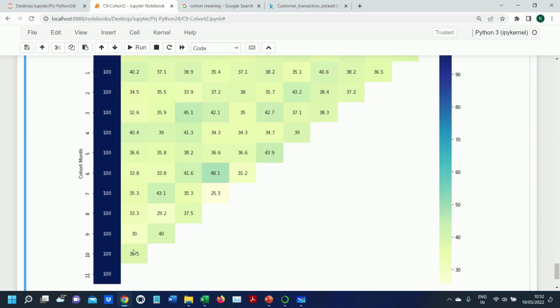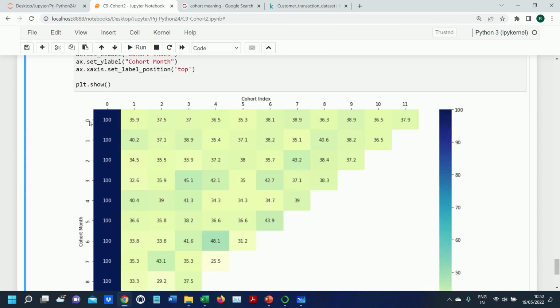So this is our first cohort, the people who joined the business in month 0, and they are showing a standard and stable retention all through the year.